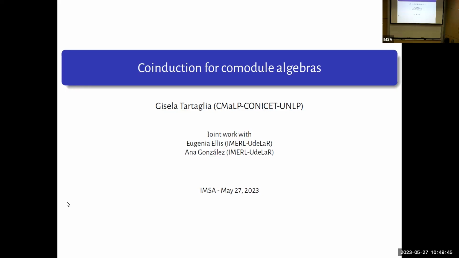But she has been running it for a long time, and so she's been in charge of that. Shows somehow her interest and also in socializing mathematics. So Gisela, thank you very much for coming and Coinduction for comodule.